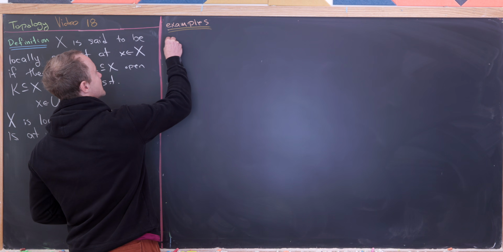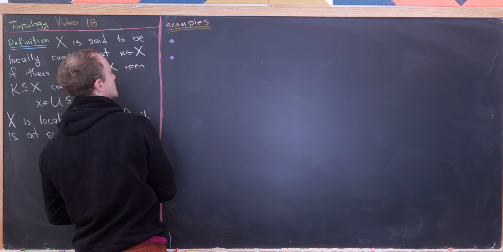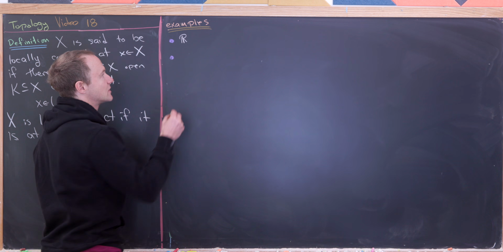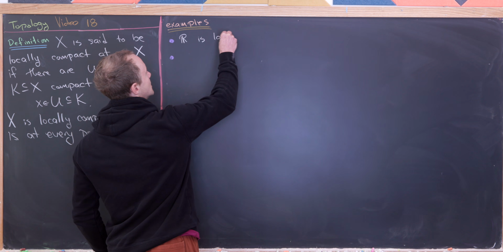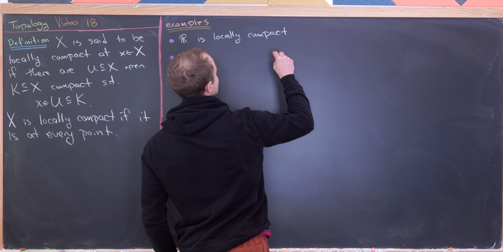Okay, so now I want to look through two examples: one example of something that is locally compact and one example of something that's not locally compact. Now let's observe that R with the standard topology is locally compact. And why is that?